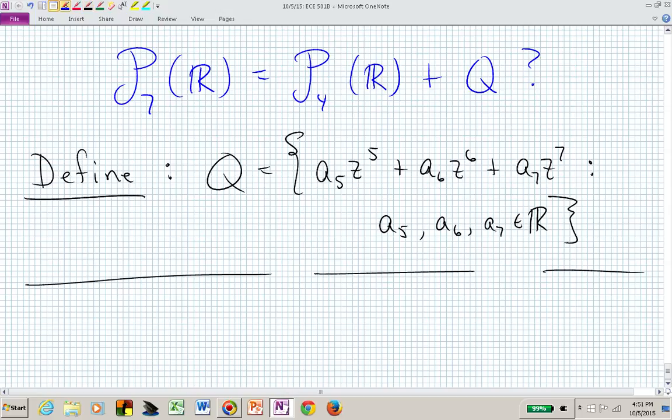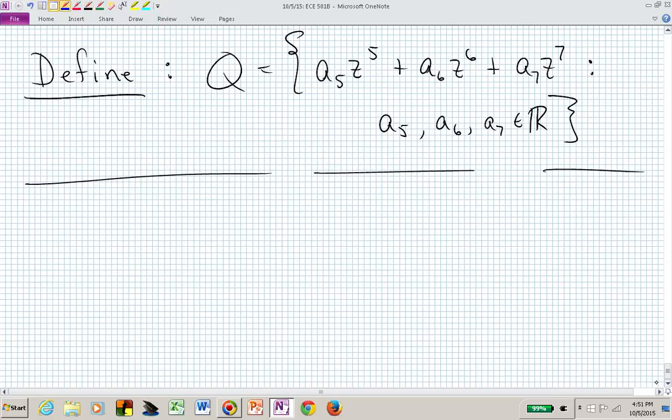Now we have a little bit better feel for these invariant subspaces. Let's state some facts.